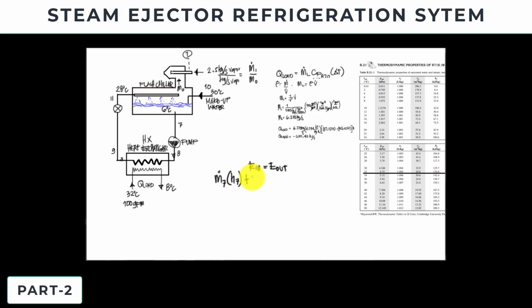Then plus the mass flow rate of the load, so I'm going to put here the load, multiplied by the specific heat of the water and multiplied by the temperature in. So that is entering the heat exchanger, the two sides of energy entering the heat exchanger.